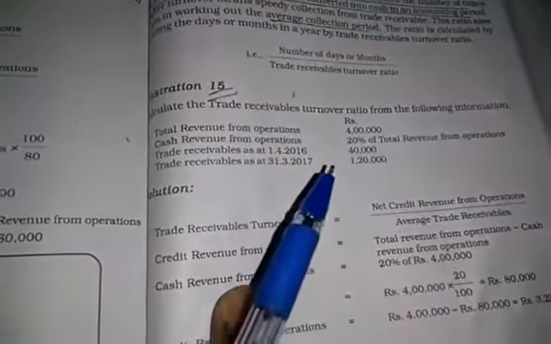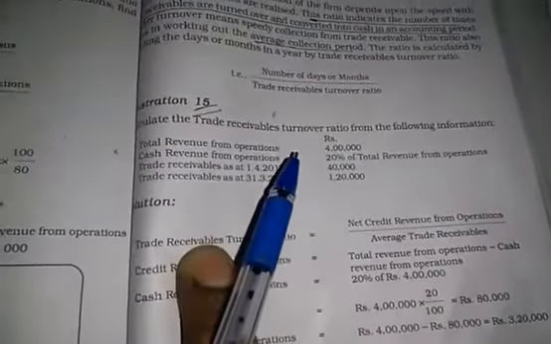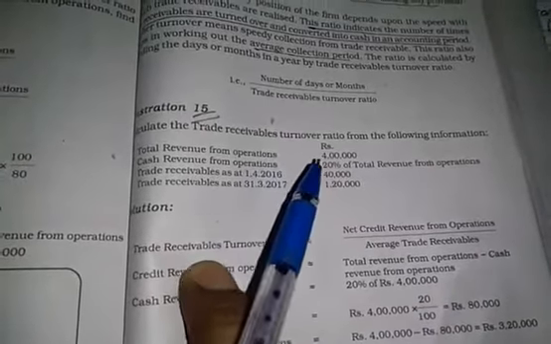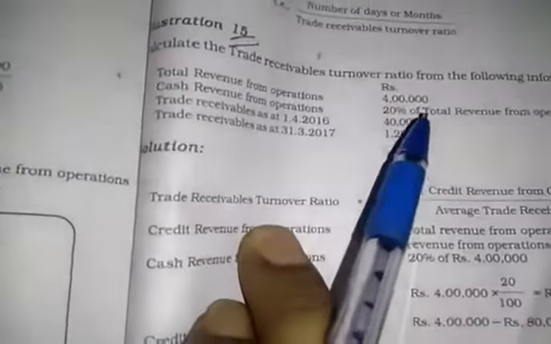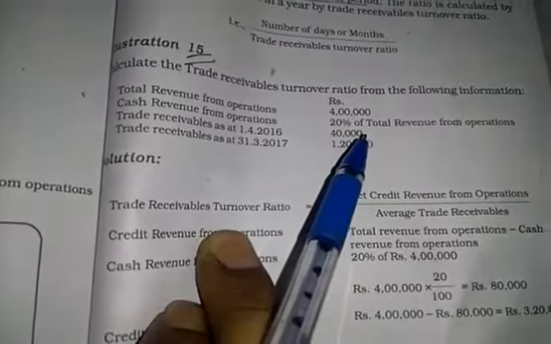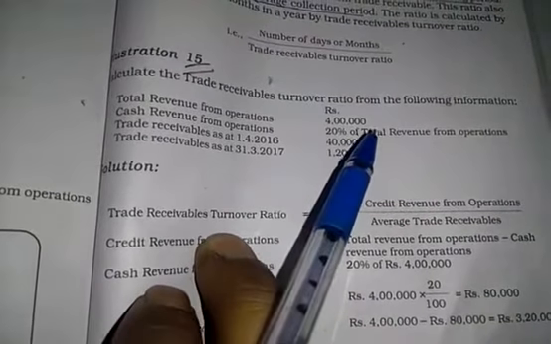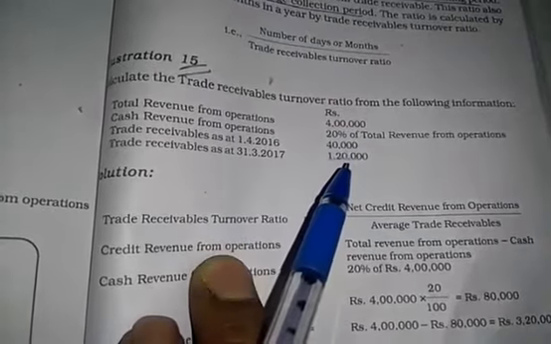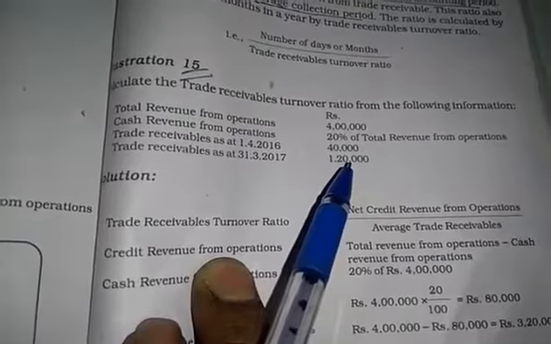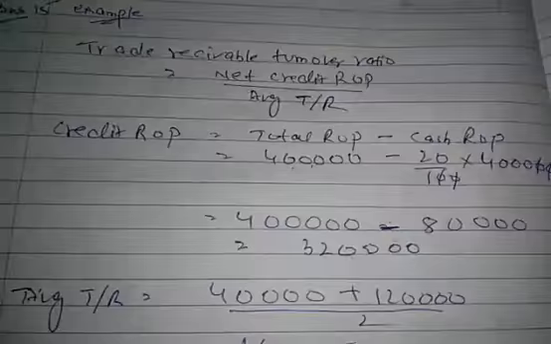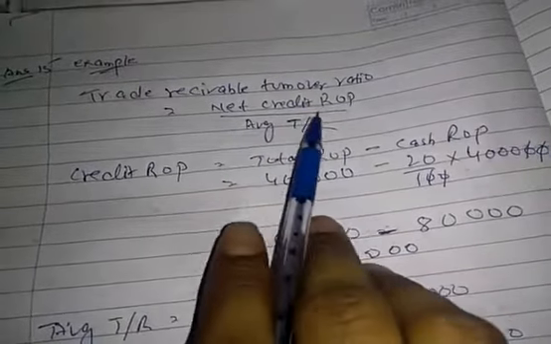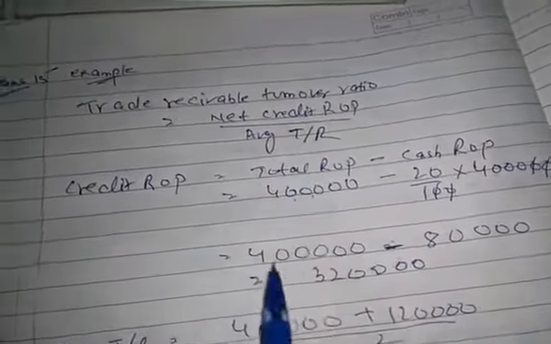Now we will do one more question, in which we have to calculate the trade receivable turnover ratio. Total ROP is 4 lakh, and cash ROP is 20% of total ROP. Opening trade receivable is 40,000 and closing trade receivable is 1,20,000. The formula of trade receivable turnover ratio is net credit ROP divided by average trade receivable.